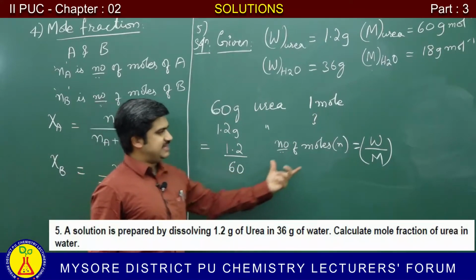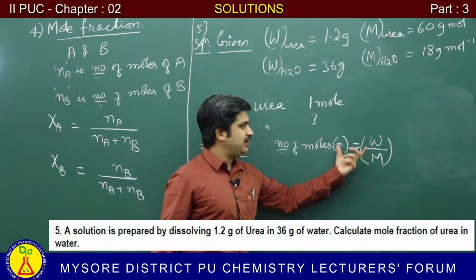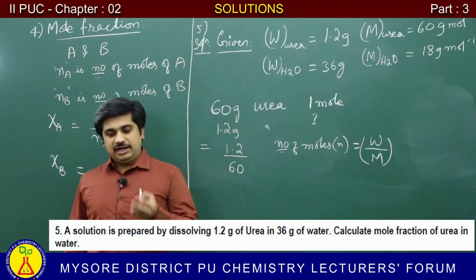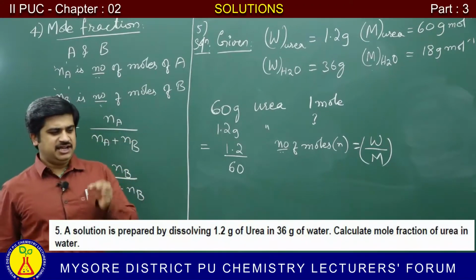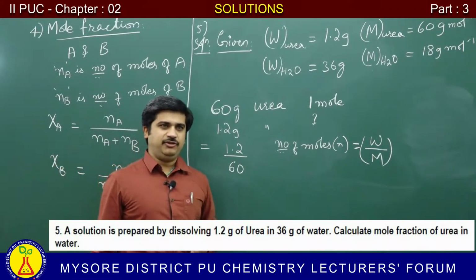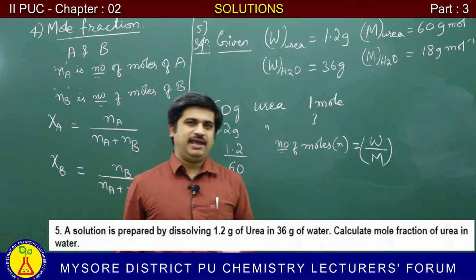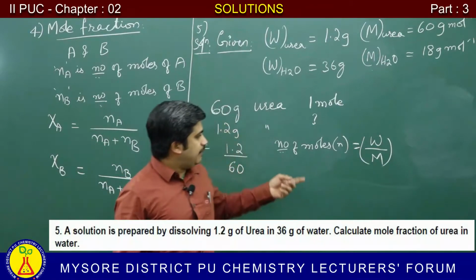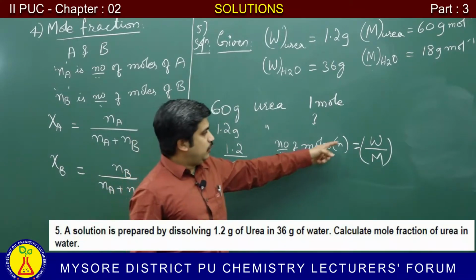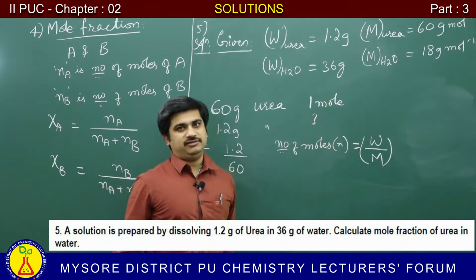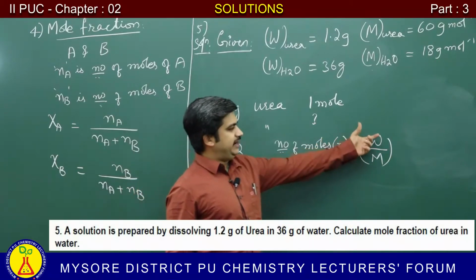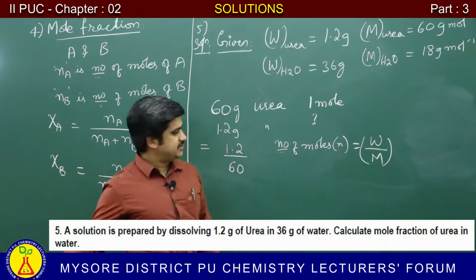Therefore, number of moles is equal to weight in grams divided by molar mass. This is an important formula that we have to remember, so that we can directly apply it when solving problems. To convert weight in grams to the number of moles, here is the formula for us.